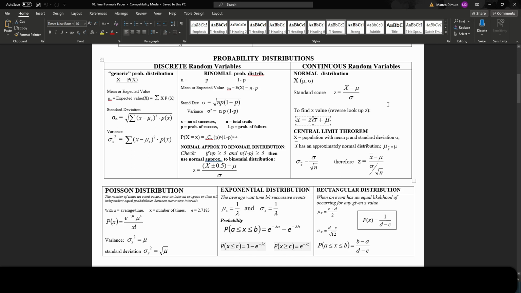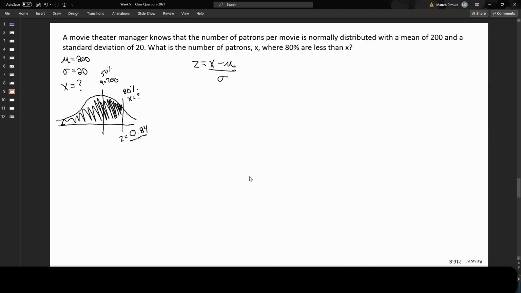Okay, so here's the formula. I usually solve it algebraically, so excuse me a moment, because I didn't actually look at it very closely. So it's going to be this. This is the formula from the formula sheet. Now we have all the information we need. So the x value is the z-score, so 0.84 times the standard deviation of 20 plus the mean, which is 200.